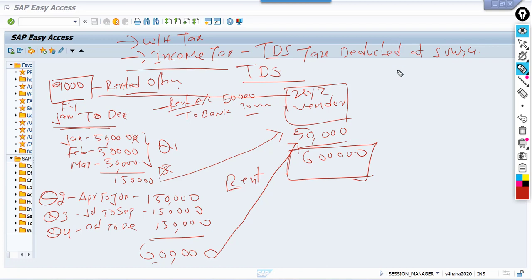Here we have income tax department, income tax authority. Since income tax is chargeable on income, this vendor is supposed to pay tax on this income, rental income.